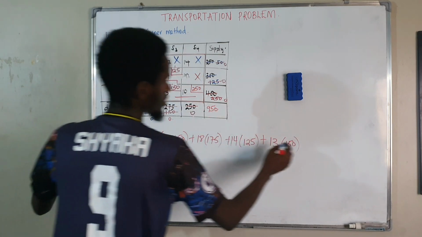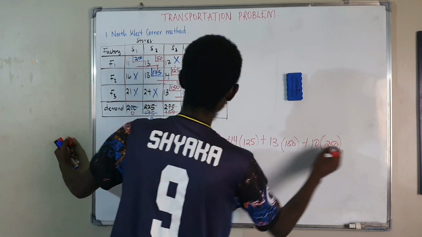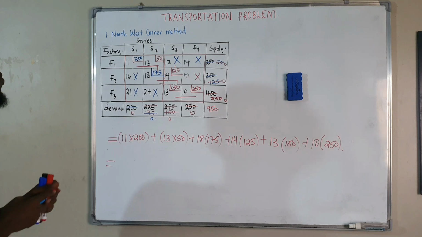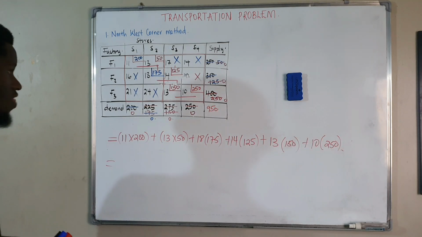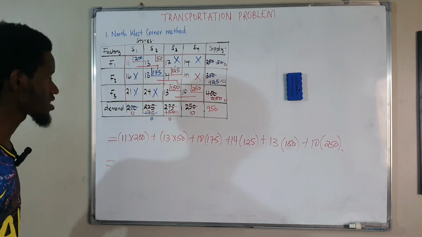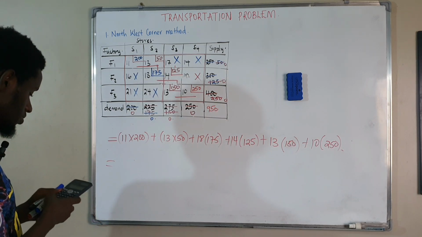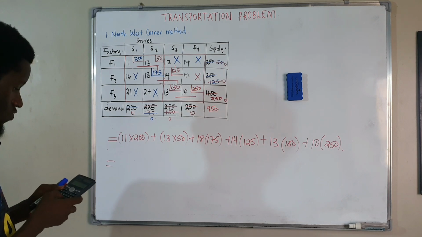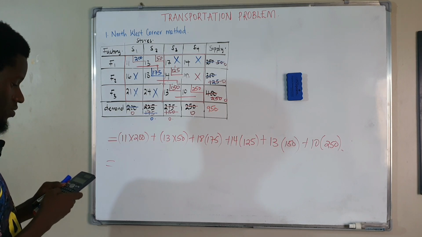Lastly, plus 10 into 250, and this is going to be our transportation cost. It is the cost of transporting commodities to stores 1, 2, 3 and 4 from factories 1, 2 and 3. From there, I think we shall be able to get the answer using our calculator. As we say, it's going to be 11 into 200 plus 13 into 50.